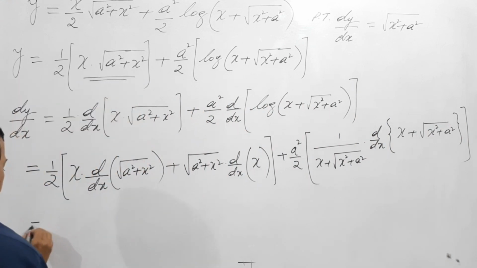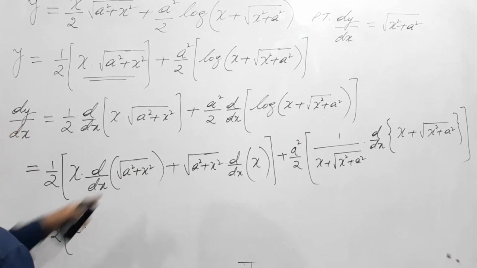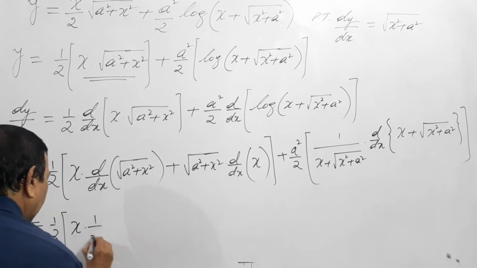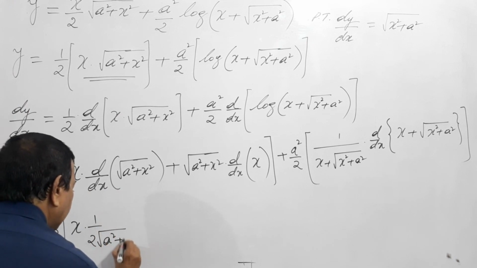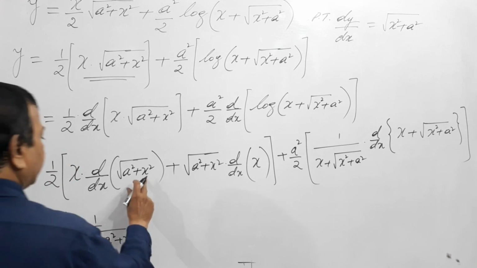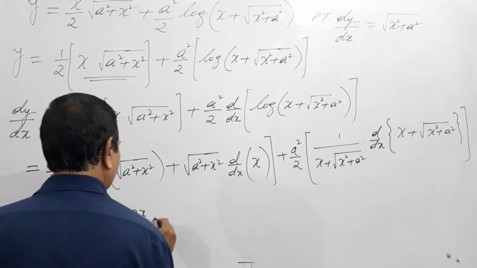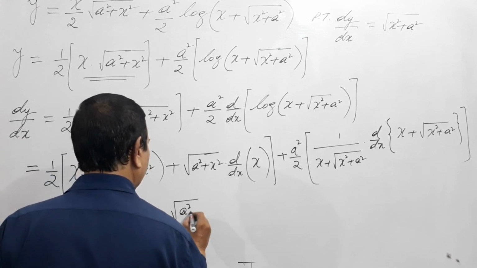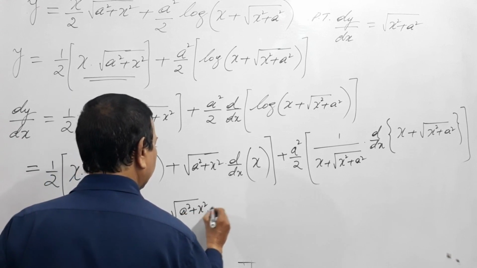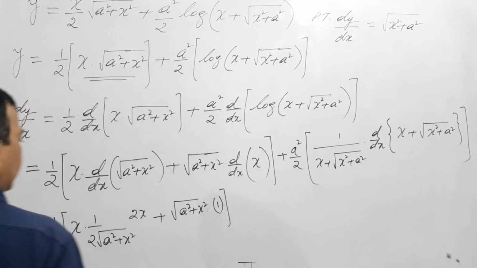So this is nothing but half into x into, this becomes half, a square plus x square, differentiation of this will be 2x, plus a square plus x square into 1. Done.